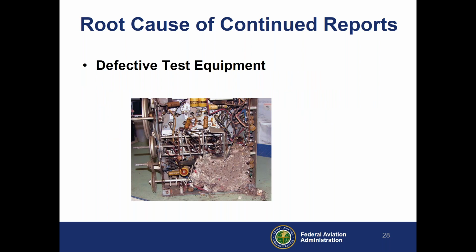Believe it or not, it's really hard to find a picture that depicts defective test equipment. So I found this one. It's a mouse that has taken up house in this old piece of equipment. But test equipment could also be the cause, and I'm guessing that in particular the coaxial cabling could be at fault.